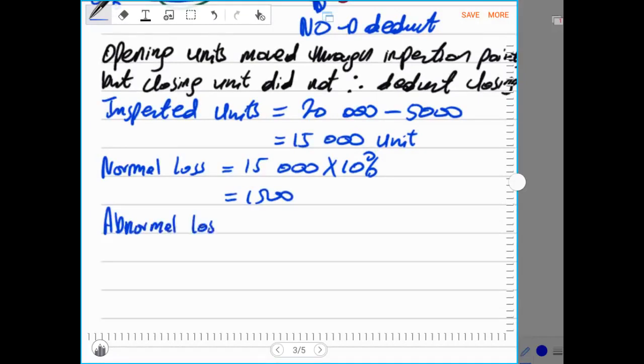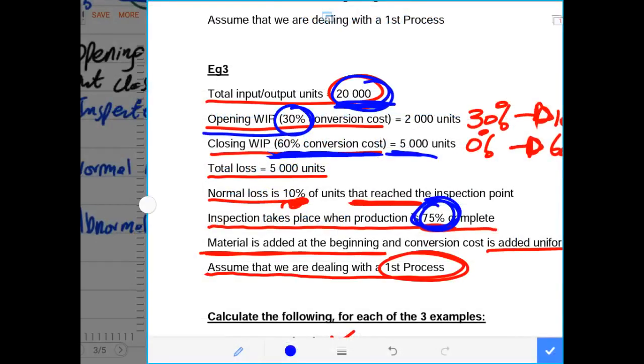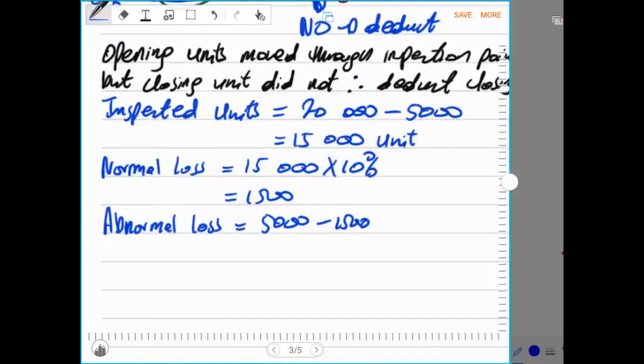Then we can calculate our abnormal loss. Remember, the total loss including normal and abnormal is 5,000 units. So we subtract the normal loss, and the difference will be abnormal.